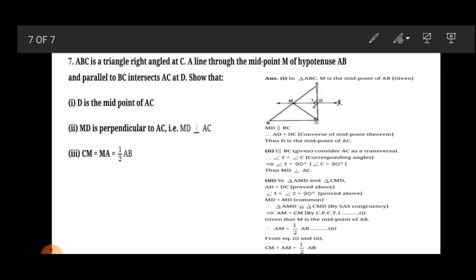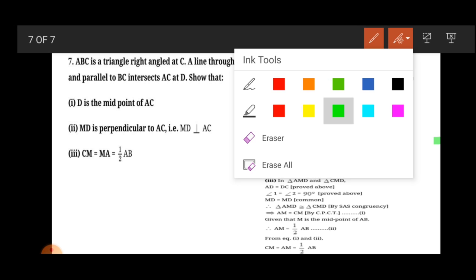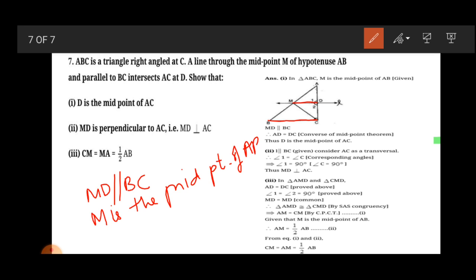Now, MD is parallel to BC and M is the midpoint of AB.